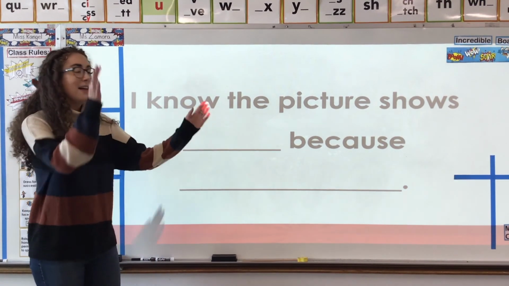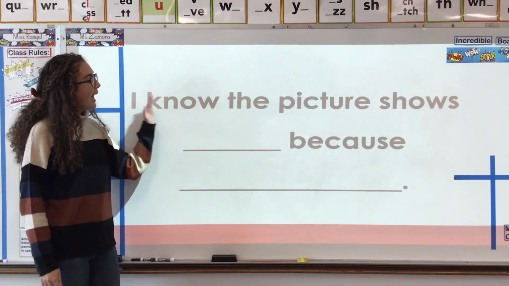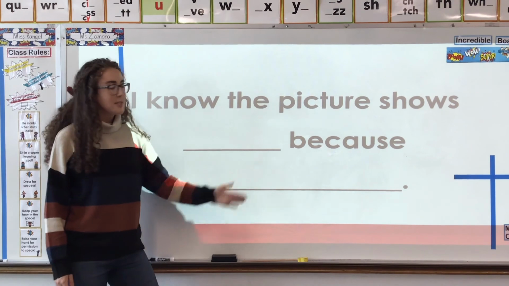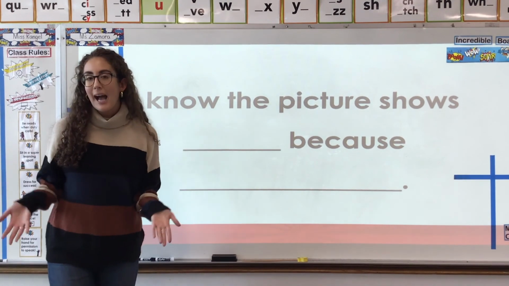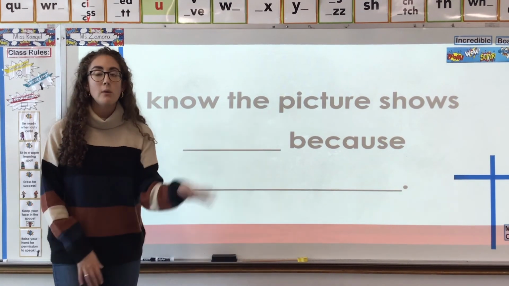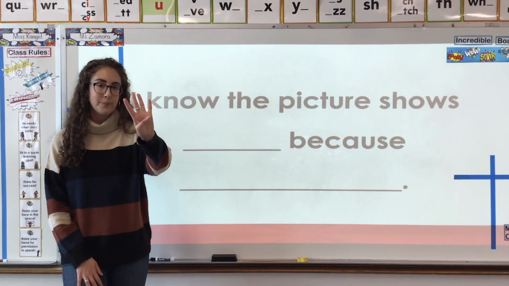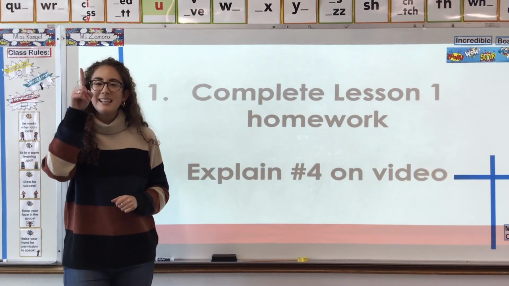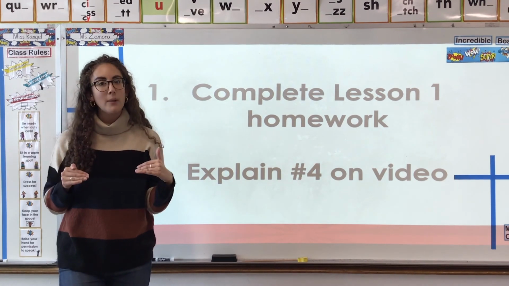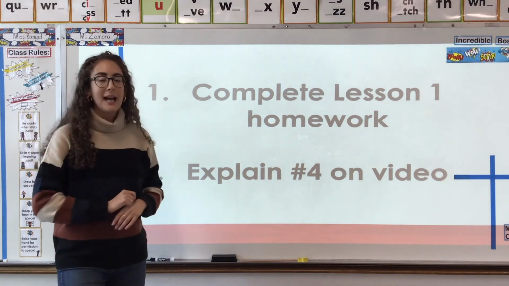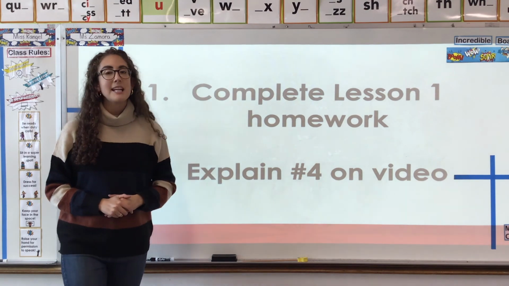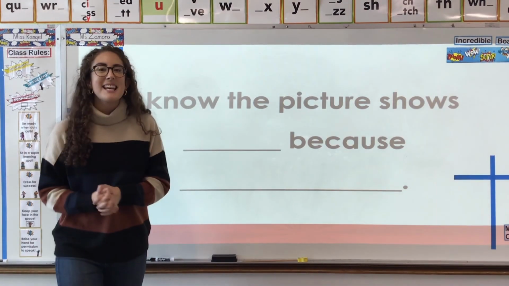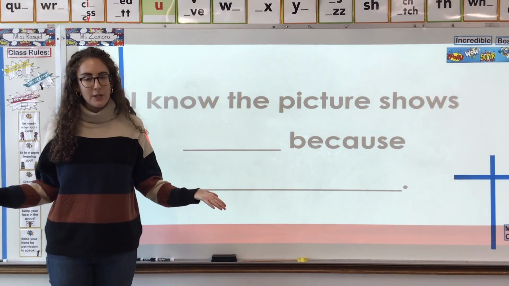So you can use this sentence frame: I know the picture shows blank because blank, to help guide your explanation in your video of question number 4. So everybody right now is going to, number 1, complete lesson 1 homework, and then submit on Class Dojo a video of you explaining your answer to number 4 using this sentence frame to help guide you.